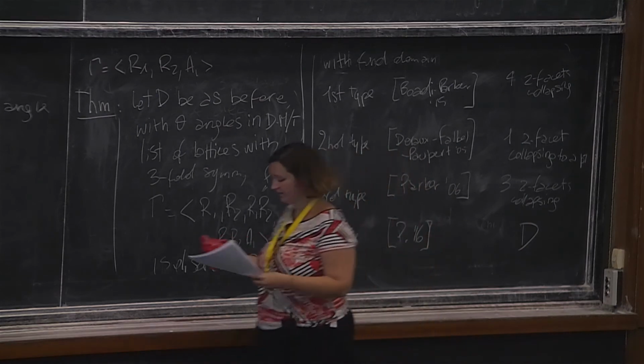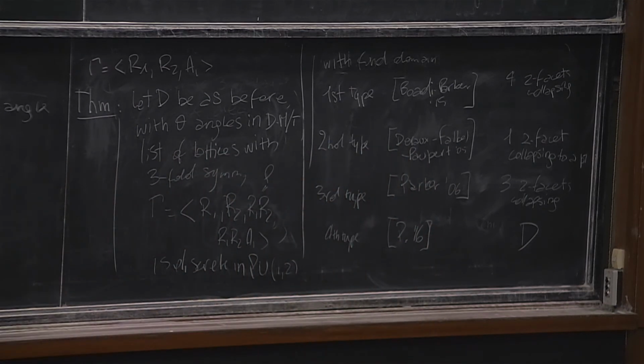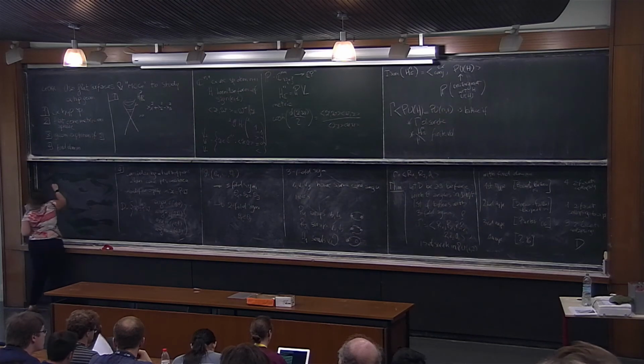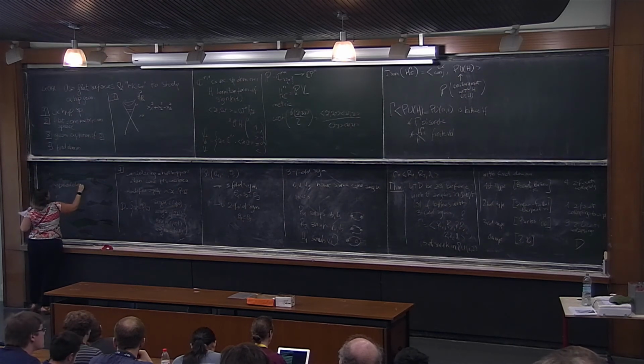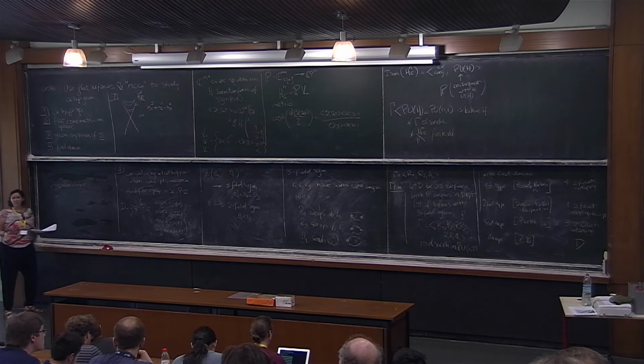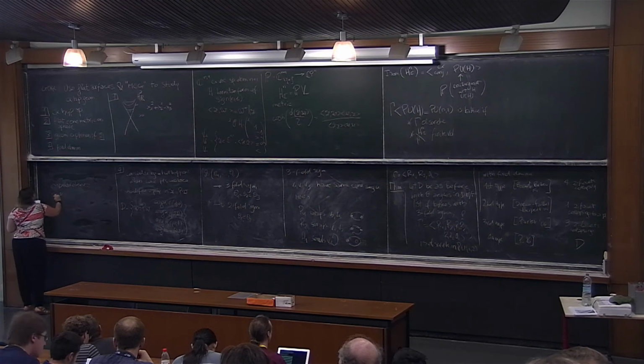And so basically what we did with this work, we reproved the discreteness, which we already knew from Deligne-Mostow and Thurston, but it's always nice to see that we agree.